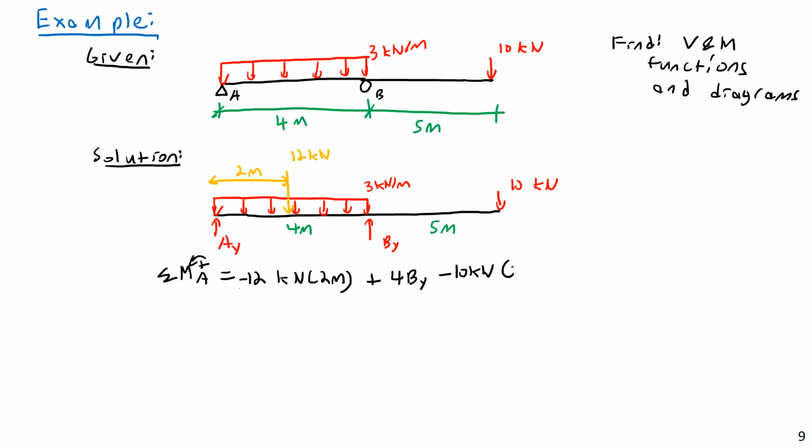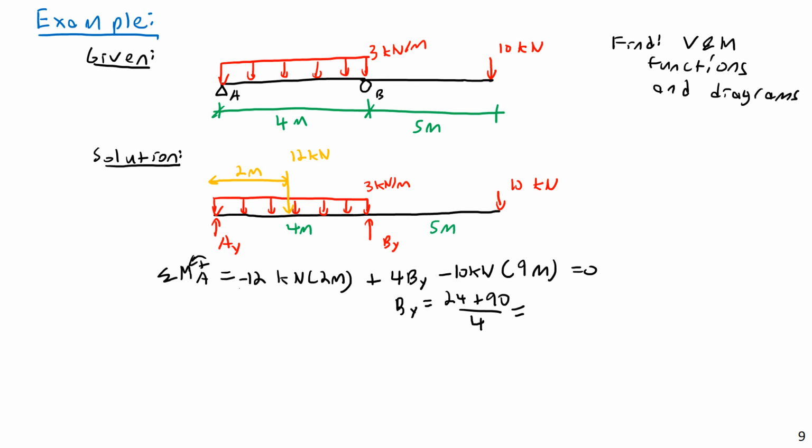This is not going to come out to nice even numbers, so I'll just do some ugly decimals. Times 9 meters equals 0. So then 4BY, or BY, is equal to 24 plus 90 divided by 4.